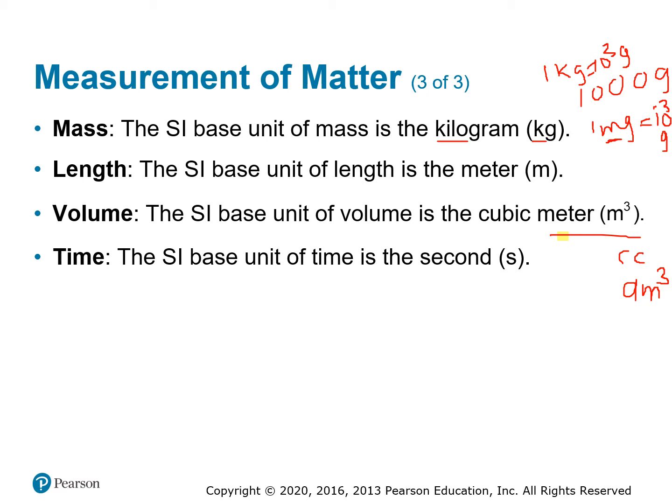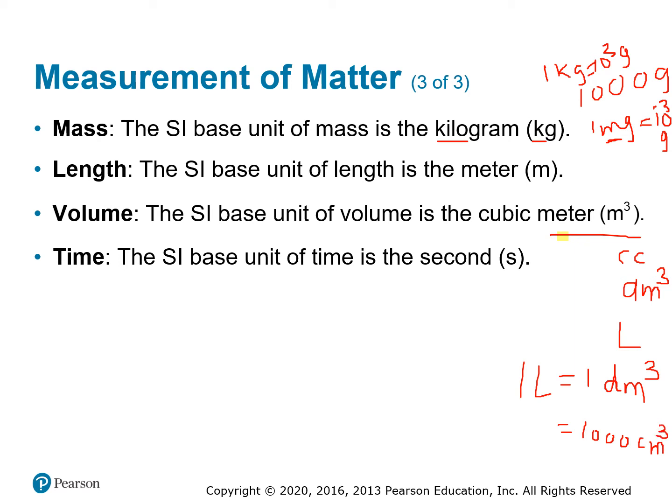And remember that most commonly we also talk about liters. So remember that 1 liter is equal to 1 cubic decimeter, which is equal to 1000 cubic centimeters, or centimeter raised to 3.